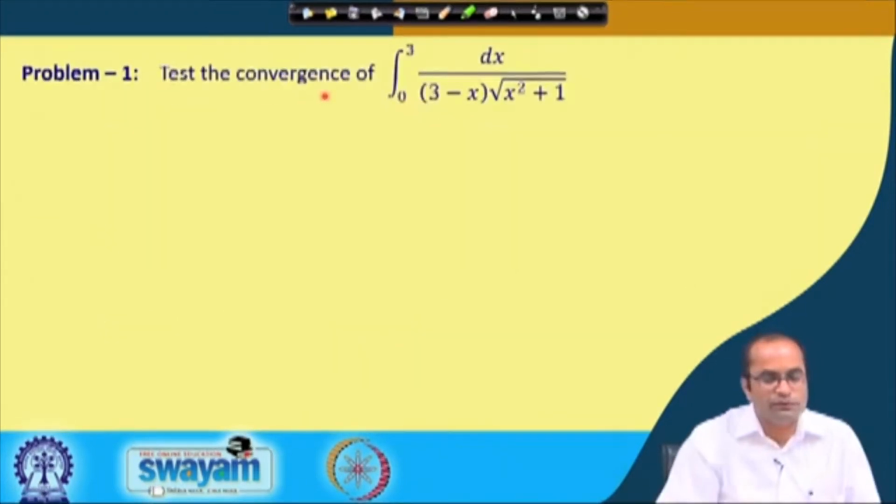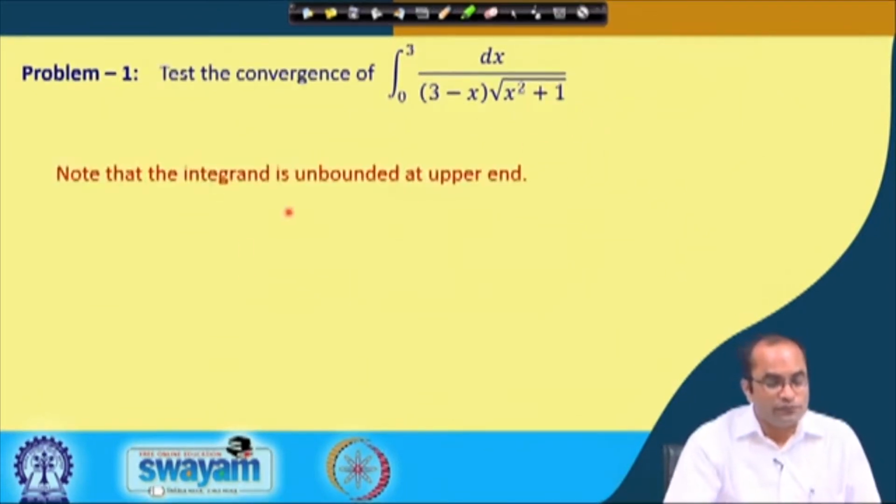For example, we want to test the convergence of the integral from 0 to 3 of dx over the square root of (3 minus x) times (x squared plus 1). To test the convergence of this integral, we should first note that the integrand is unbounded at the upper end.